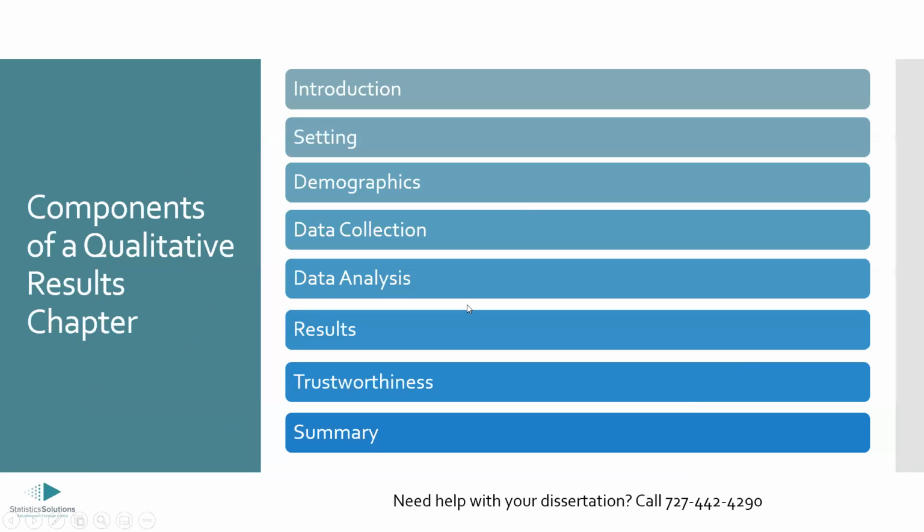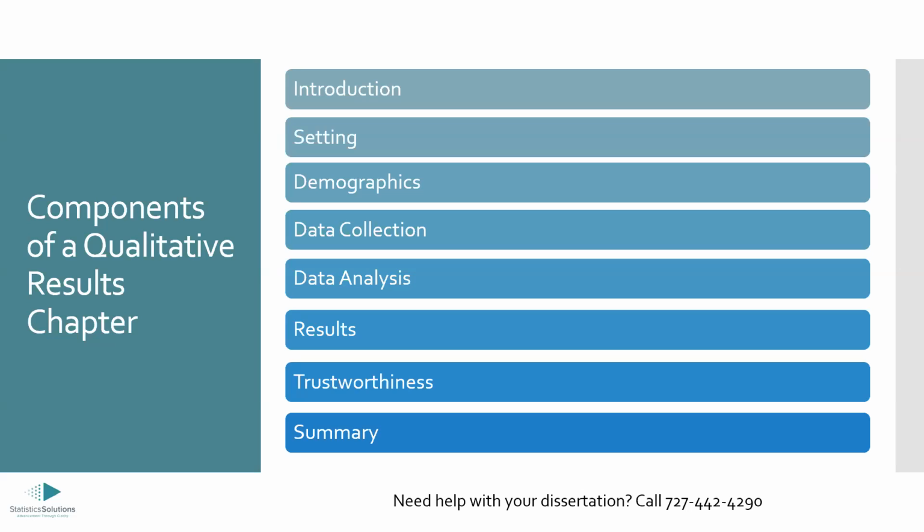So this list here on the first page is a compilation of the different sections that I've seen over the years working with doctoral students that are required to go into a results chapter. The one thing that I will say before we start out is if you have a template, if you have a checklist from your university or from your chair, from your department, always default to that, okay?